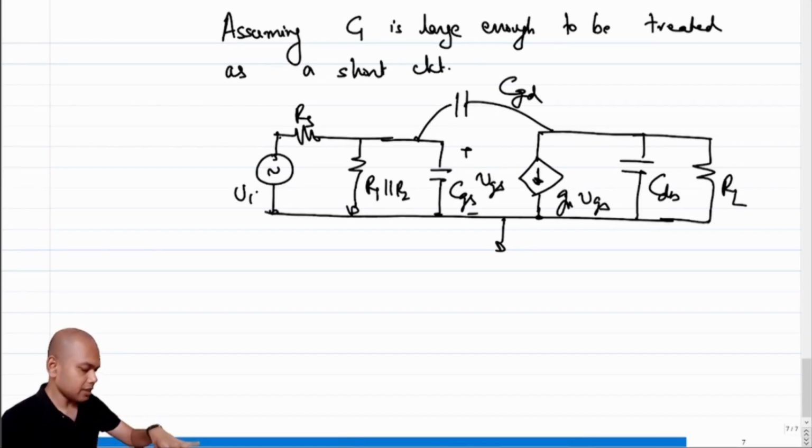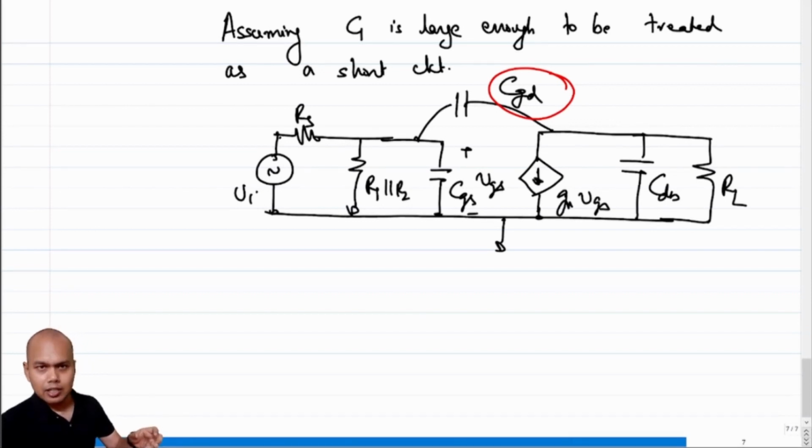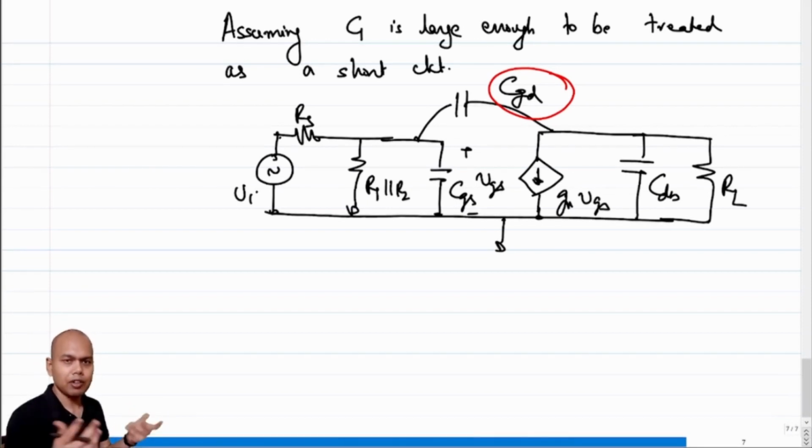But in this case, as you can see, y12 will not be 0 because of this capacitance CGD, right? What is y12? Y12 is a short circuit current at the input port if you excite the output port with some voltage. So clearly, in the presence of CGD, y12 is not 0.